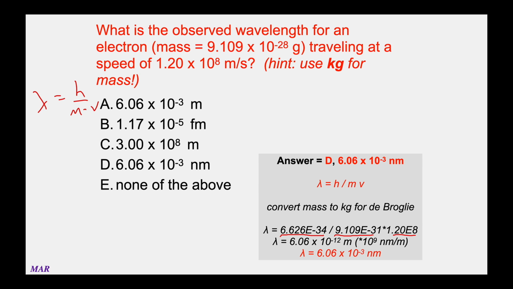However, if you turn the meters into nanometers, which a lot of times people will do, 6.06 times 10 to the minus 3rd nanometers. Femtometers, fm, answer B, is another metric prefix. A femto is 10 to the minus 15th. It's a very, very small unit of length that we haven't used, so you can probably imagine that's not going to be the right one. But anyway, just be aware the nanometers are different.